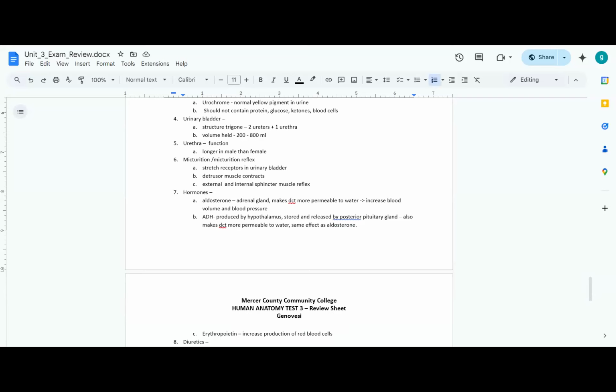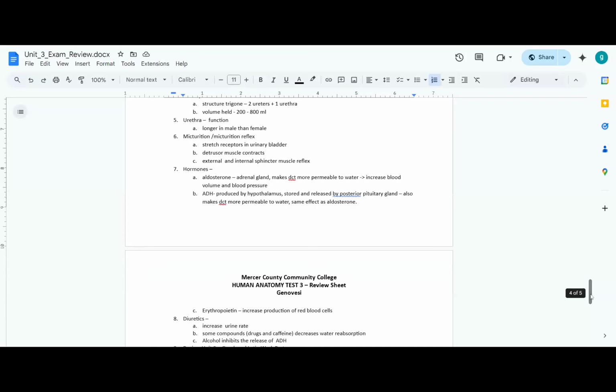All right, so aldosterone from the adrenal gland makes the DCT, the distal convoluted tubule, more permeable to water, increases blood volume and blood pressure. This is due to sodium ion reabsorption. Don't worry about that. ADH is made by the hypothalamus and released by the pituitary gland. Don't worry about posterior.